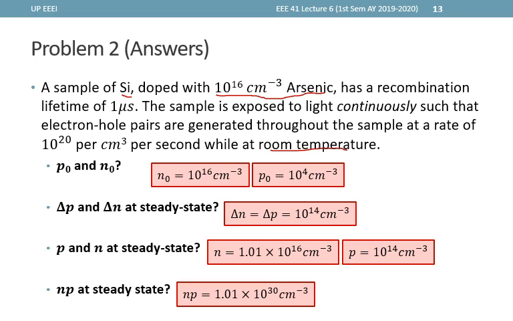Next, we compute delta P and delta N to be equal, and we use the details regarding the perturbation that is being described in the problem, where there is generation due to light, GL is equal to 10 to the 20, and while excess carriers are being generated due to light, some of the carriers are recombining along the way until we are able to achieve a steady state value.